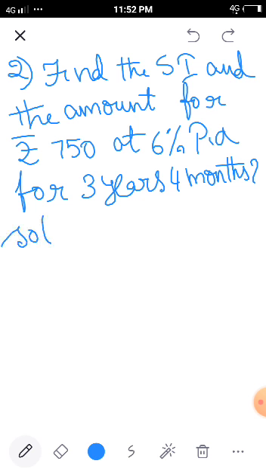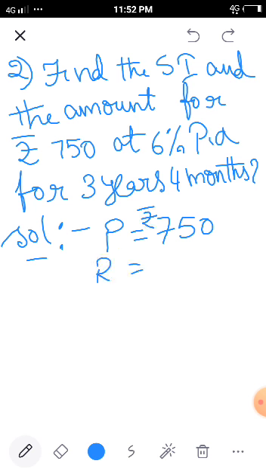Solution. What is the given information that we have to write first? What was the principal? 750 rupees. Rate of interest 6 percentage and time period 3 years 4 months.